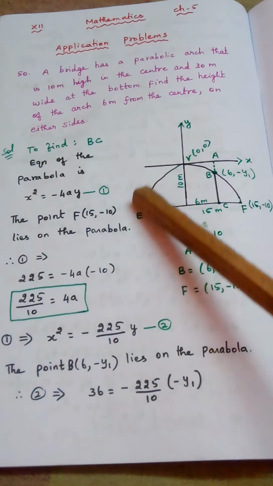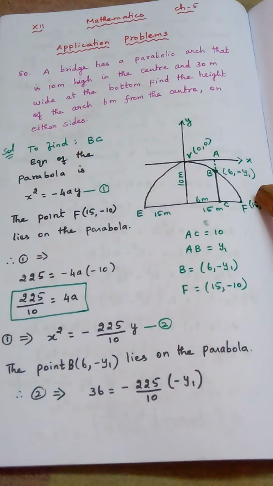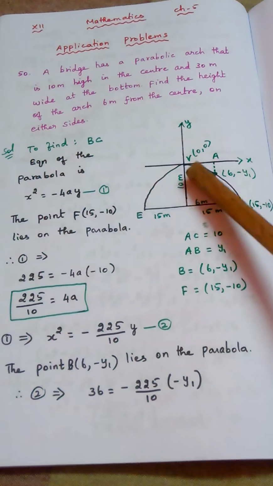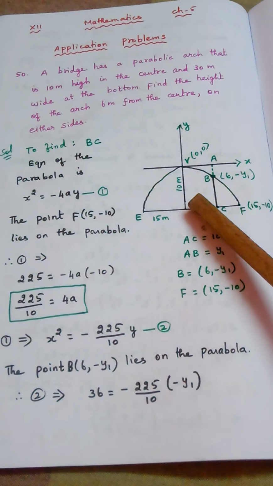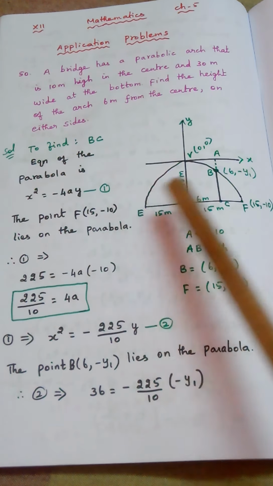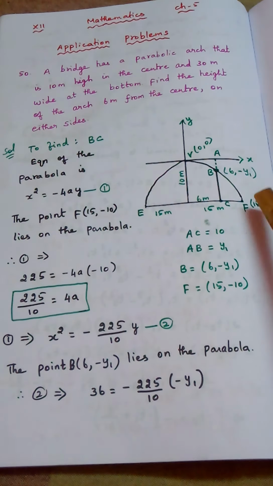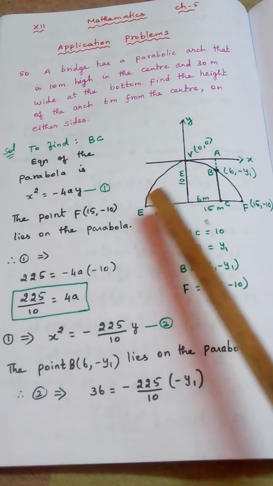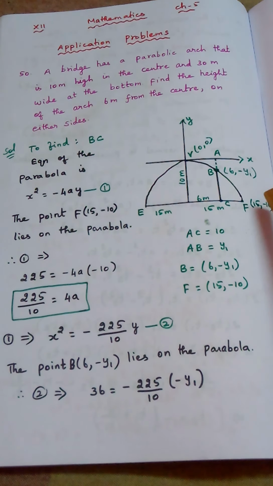This is nothing but the parabolic arch of a bridge. The height at the center is given as 10 meters and 30 meters wide at the bottom. So this is the bottom. 30 meters wide means we have split that as 15 meters and 15 meters.